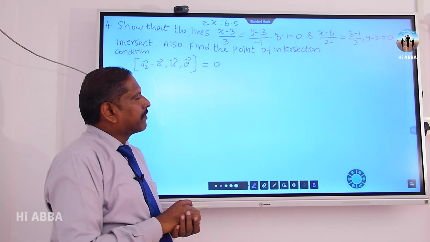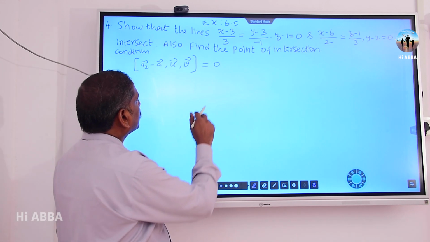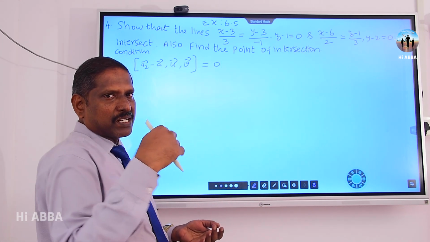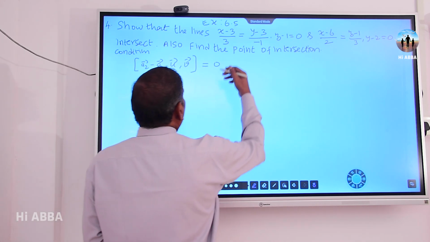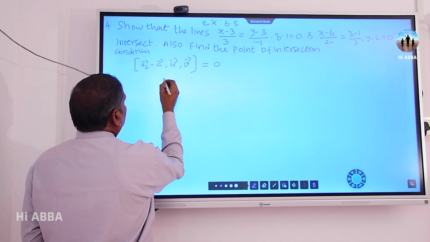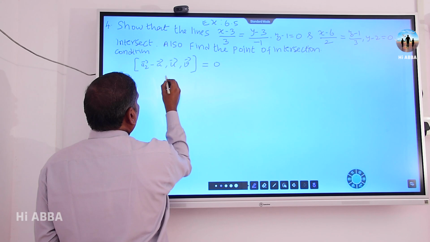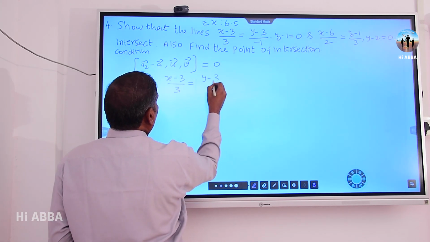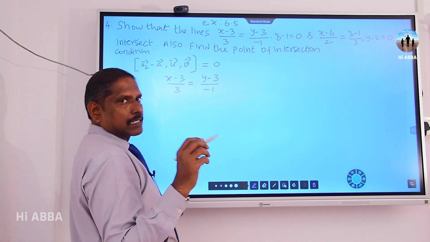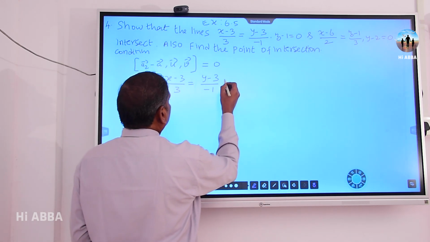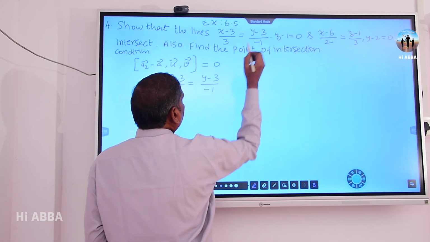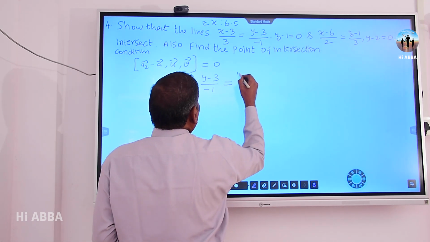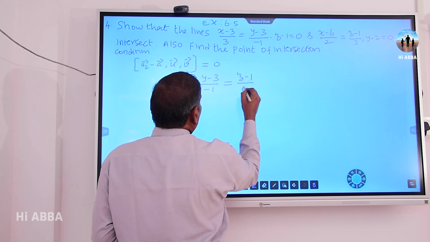Before we verify the condition, we have to write the equation in standard form, that is symmetric form. Let us see how to write the equation in symmetric form. The first line I am writing as (x minus 3) divided by 3, equal to y, and for z, there is no connector like equal to, so you write one, bring the 0 down, and write it as (z minus 1) divided by 0.